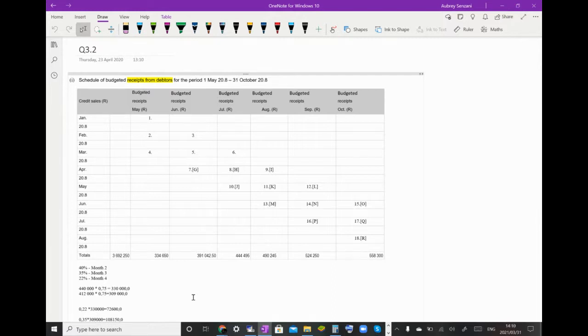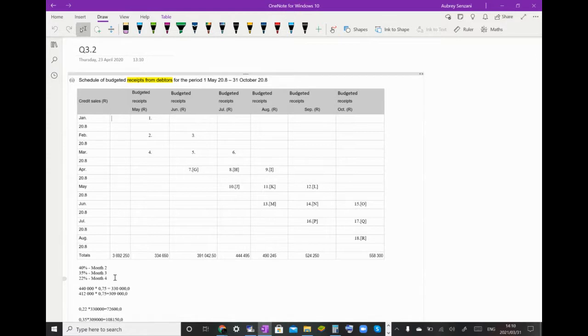Then we continue to read. It says cash is collected from debtors as follows. 40% of the outstanding amounts are collected during the second month following the month during which the sale took place, after 60 days. So I write that month 2, 40%. Just makes my life easier.